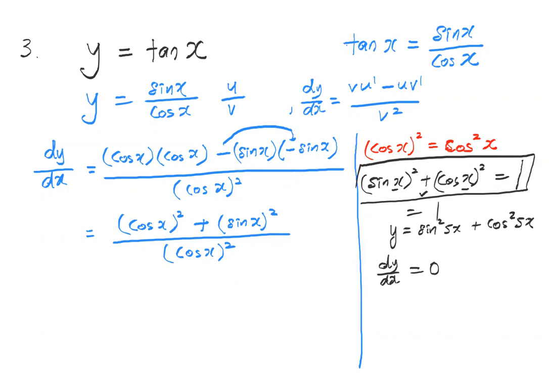So now I can simplify this as 1 over cos x squared. And in trigo, if you have 1 over cos of an angle, you can write it with another symbol that is secant, SEC, secant x.